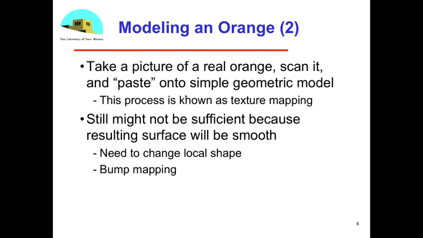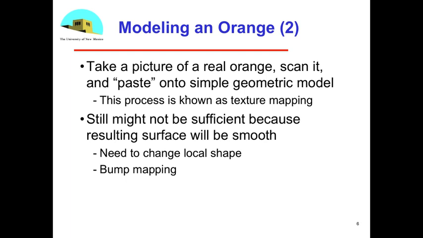Maybe not as simple as a sphere, but perhaps a sphere that's been somehow stretched or scaled a little bit to look more like the shape of an orange. And that act of pasting that picture on is really the essence of basic texture mapping, that we get that detail without having to increase what we call the geometric complexity of the surface.